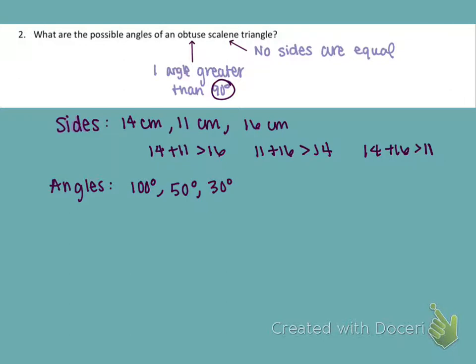If I add all those up, it would be 180 degrees, and I have an obtuse angle right here. Again, this will be multiple choice, and you would just look at the answer options and see which ones match the description.